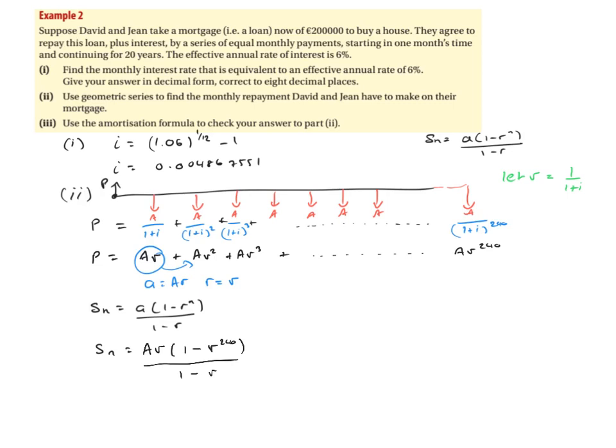So put everything in, and what you should get from here is that S n is equal to something in terms of A. And if you do that, you should get an answer, guys, of 141.384309A. And that there is the sum of all of these payments here. Okay, so it's the sum of all these payments here. That's what we have there.